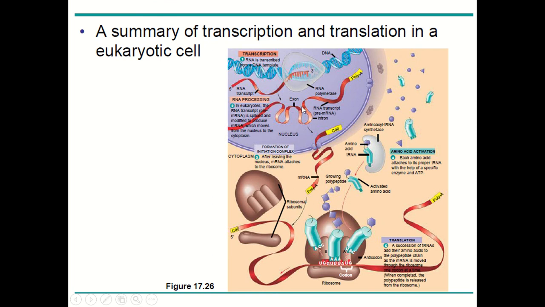And then we will remove the introns by the spliceosome, and we will rejoin the exons together. Now the pre-mRNA has become mRNA and is ready to be released to the cytoplasm for the process of translation.